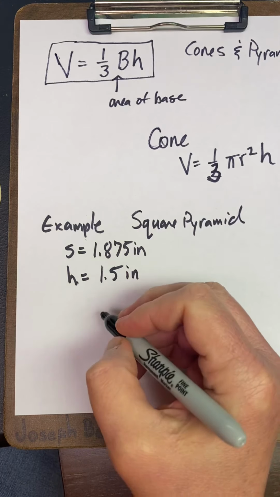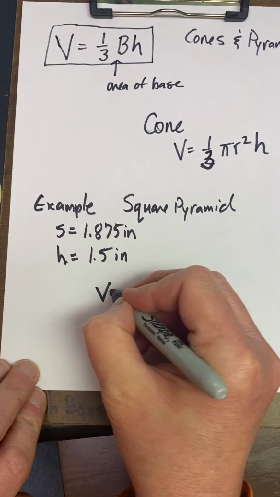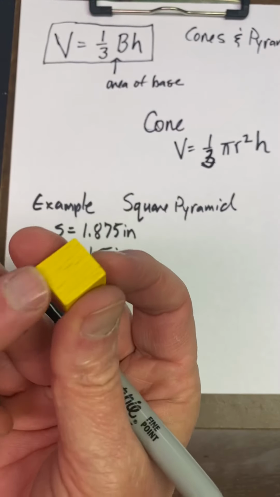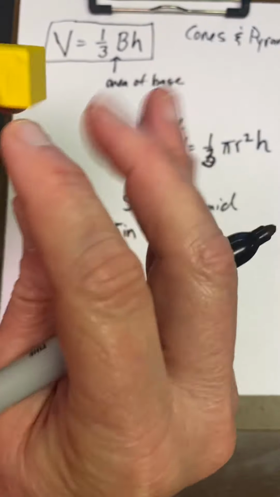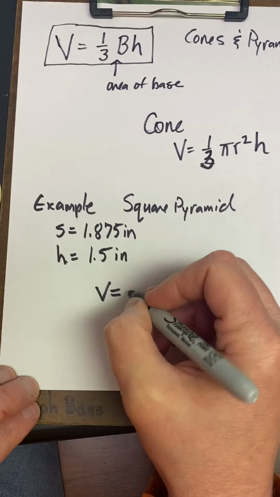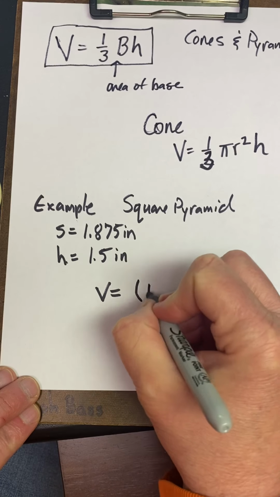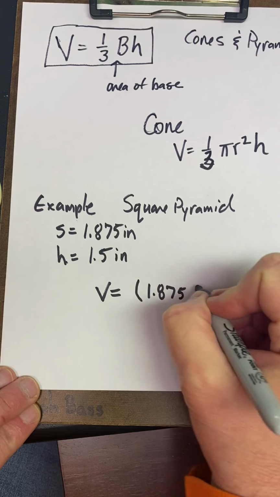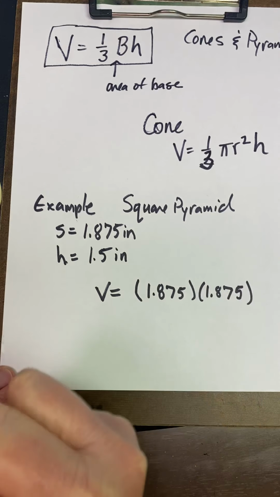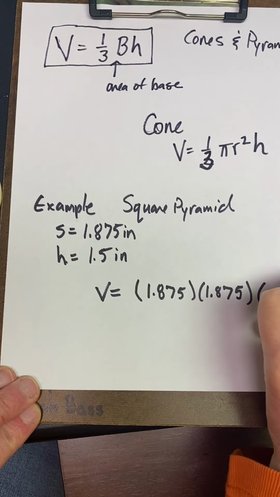Okay, so that would mean the volume, if it were a square prism, I would say the area of that times the height. So the area of the base is 1.875 times 1.875. And the height is 1.5, right?